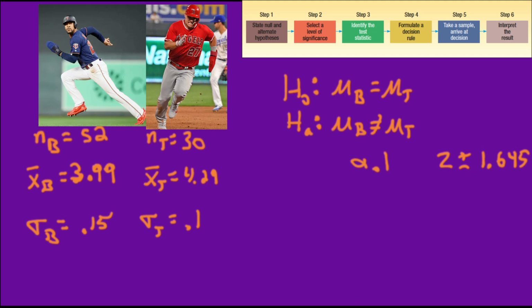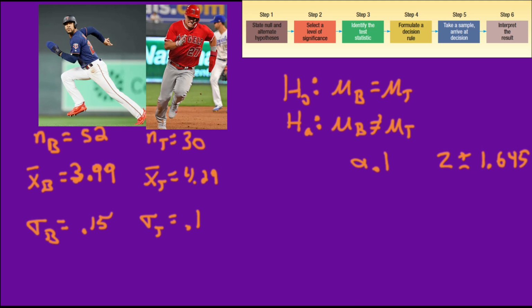Well, we're ready to plug this into our Z calculation. Now the Z, remember, in this case is going to be, let's just write it down here. We have Z, X bar B minus X bar T over, you know what, let's use the more space over here.